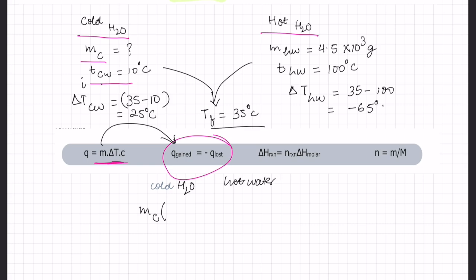I don't know the mass of cold water, I leave that as it is. So we would say mass of cold water, delta T of cold water, specific heat capacity of cold water is equal to negative Q lost, so mass of hot water, delta T of hot water, C of hot water.